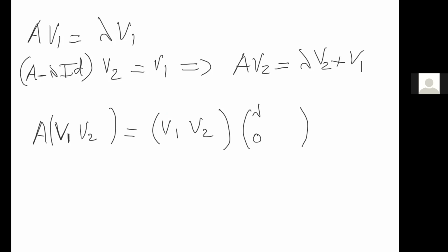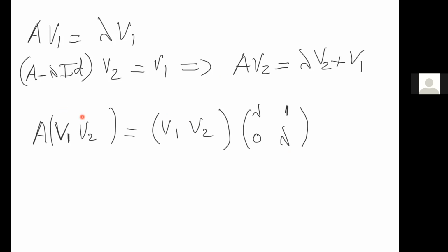If I want to obtain in the second column lambda V2 plus V1, I put a 1 here and a lambda here, because this line times this column gives V1 plus lambda V2, and this is equal to A V2.